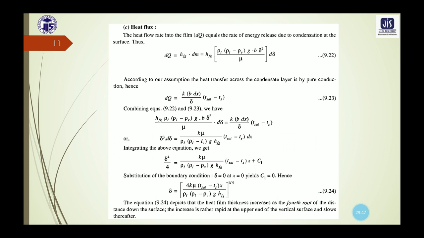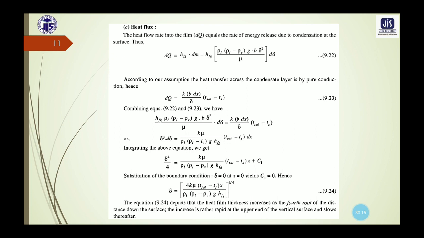That means at the start there was no thickness of the condensation film, so delta will be 0. If we put this boundary condition, then we get the mathematical representation of the film thickness as equation number 9.24.